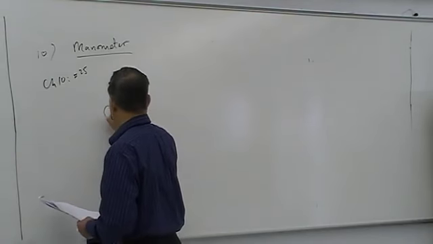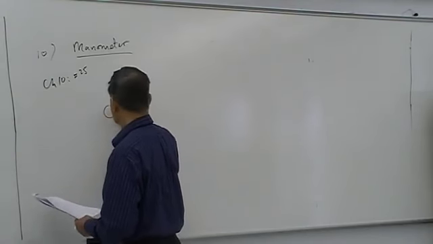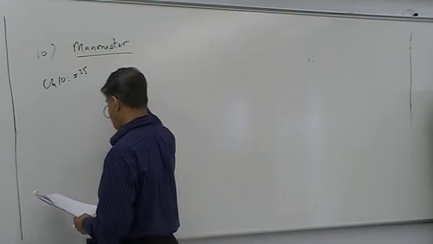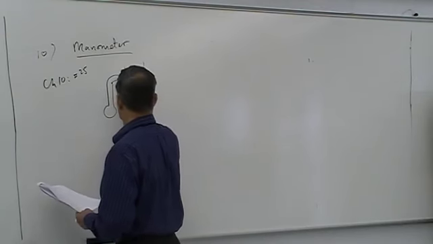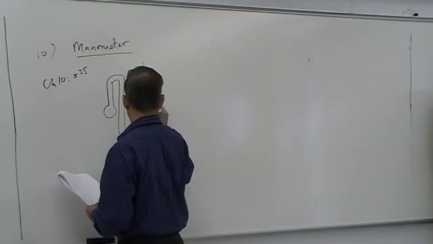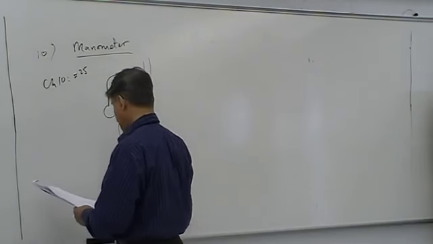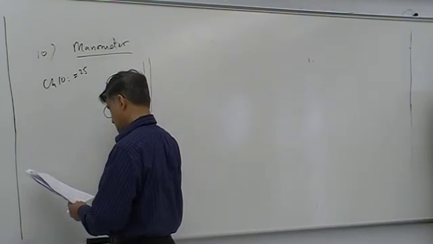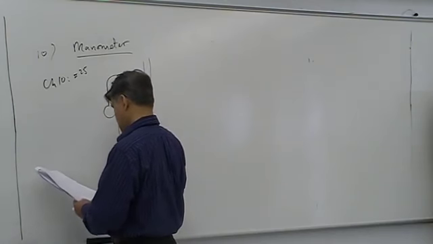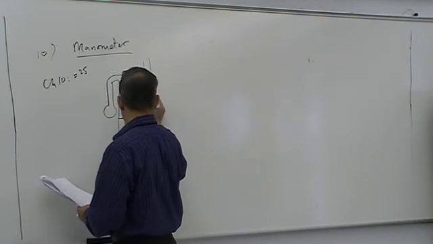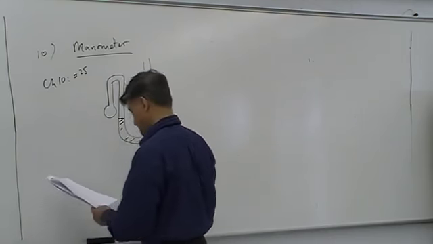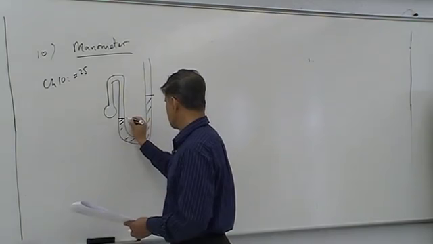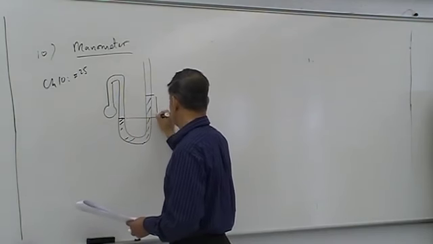So basically you have a gas sample. This is the manometer. This is for your understanding, so I'm drawing this. The liquid has gone down here and gone up here. Normally mercury is used, and in this case they're using mercury.